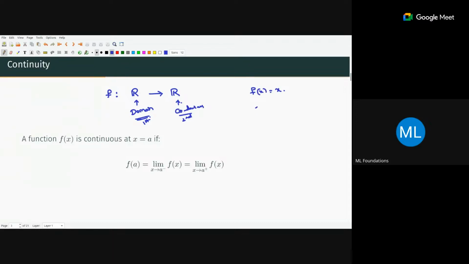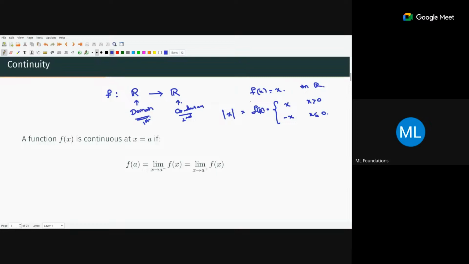Also I can define f of x to be x when x is greater than 0, and minus x when x is less than or equal to 0. This is mod x. This is a piecewise defined function, and it is completely defined on the whole of R.